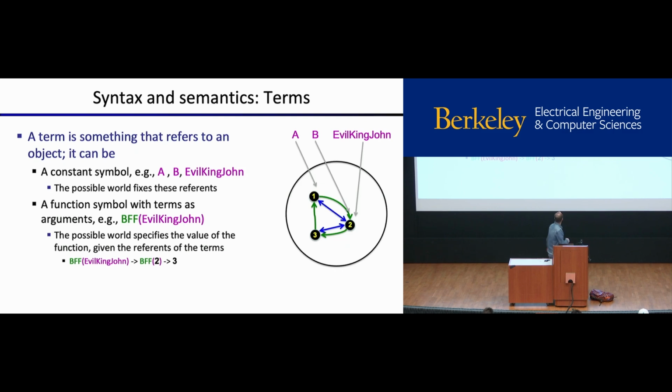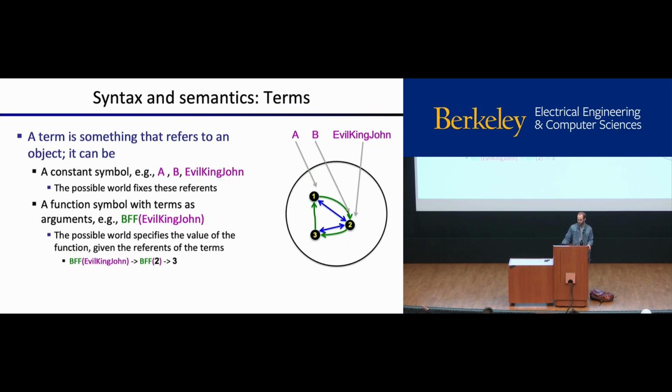So if we want to know which object is being referred to by this expression, this function of terms, we first replace this with the object that it refers to. Here, Evil King John refers to 2. So we substitute 2 in there, and then BFF of 2. We follow the definition of BFF, which is given by the green arrows, to get to 3.